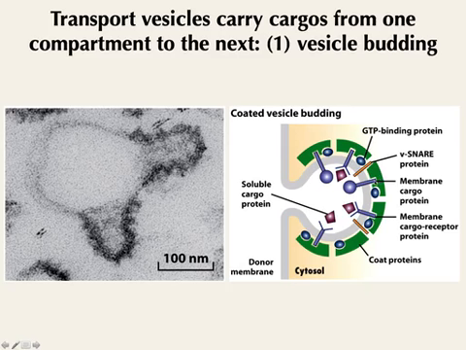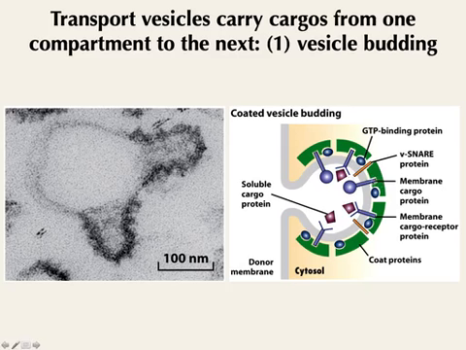You remember the importance of the topology? In this case, you always want the signal, the information, the zip code, to be on the cytoplasmic side, because this is where the codes are. This is where the machinery to recognize the cargo is.